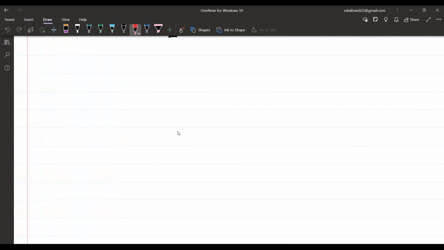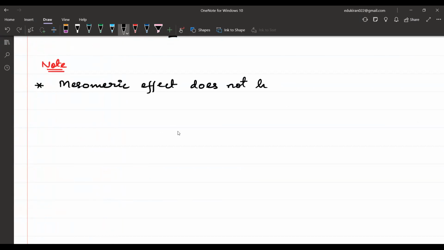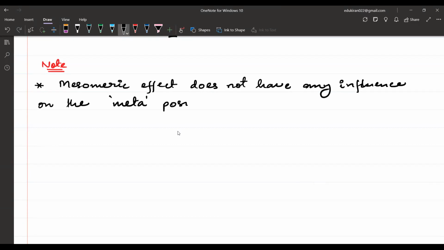Please write. Write a note, first point. Mesomeric effect does not have any influence on the meta position of benzene ring.